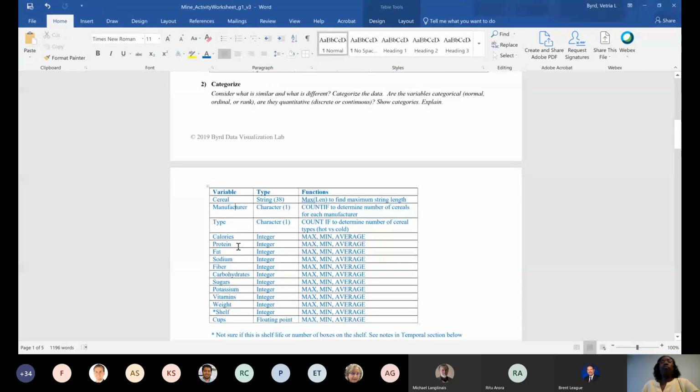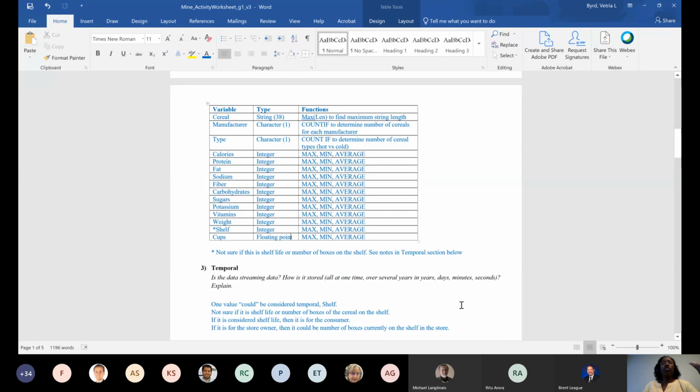The remaining groupings could be that the rest of them are integers in some form or fashion. And then I say this one is a floating point number, because if you look at the values in that column, that tells you it's a floating point, and it could be and should be treated a little differently. Again, I made myself another note: not sure if the shelf life is a number of boxes on the shelf. See my notes below here.